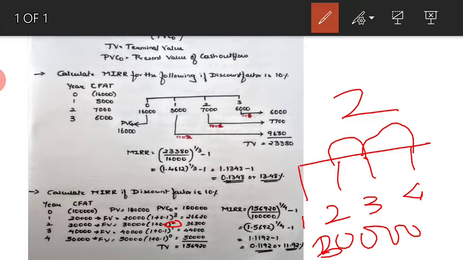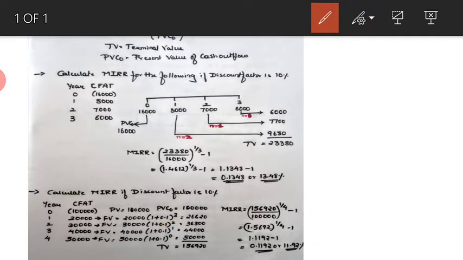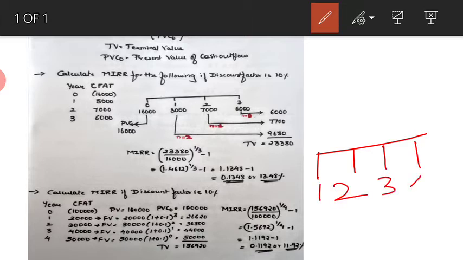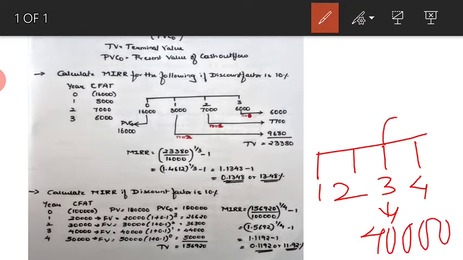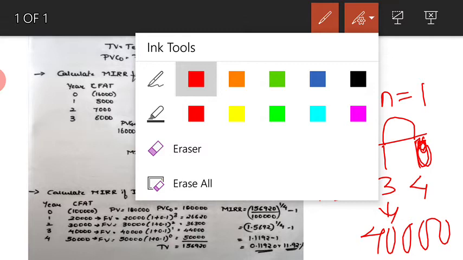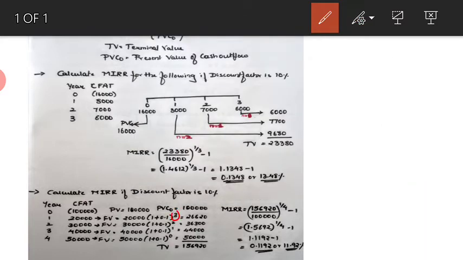For the third year, cash flow is 40,000 and n would be 1, because you're just moving 1 year ahead. And similarly for year 4, n would be 0 because you are not moving ahead. So this is how we have calculated the n values, that is 3, 2, 1 and 0 for the various years.